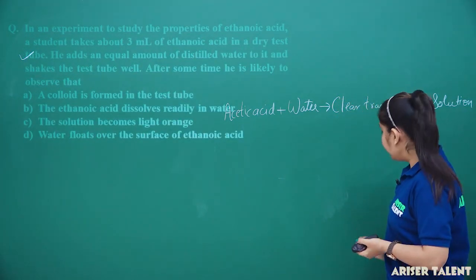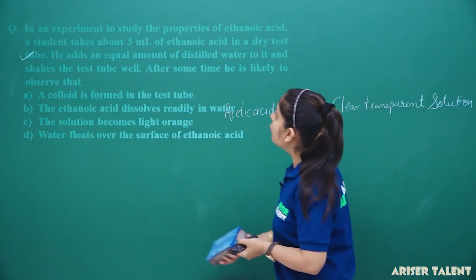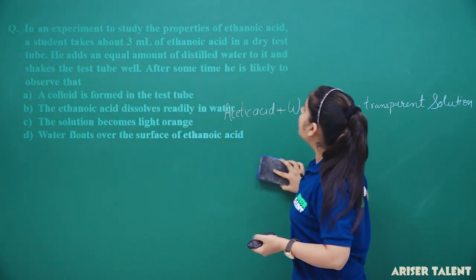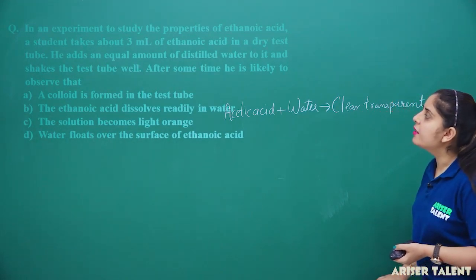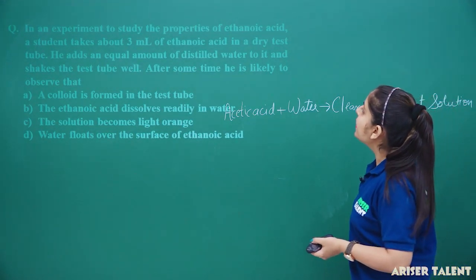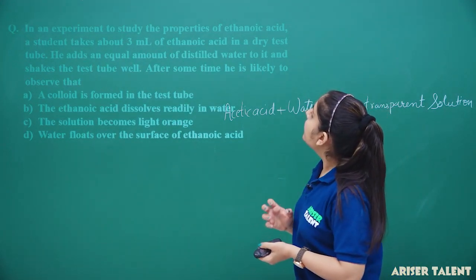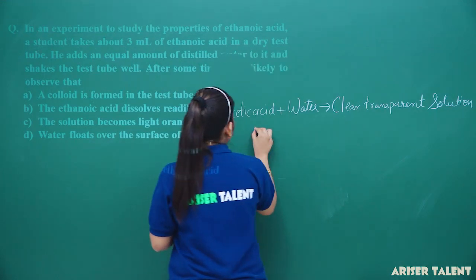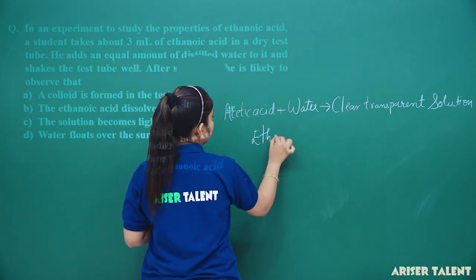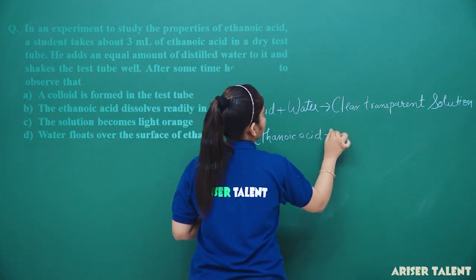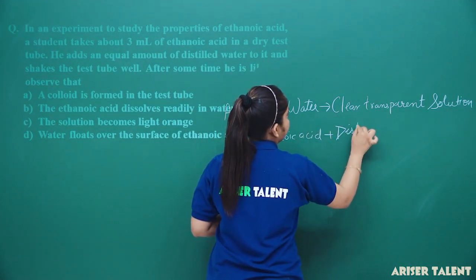In an experiment to study the properties of ethanoic acid, a student adds an equal amount of distilled water to it and shakes it well. After some time, he is likely to observe. We are mixing ethanoic acid with distilled water.